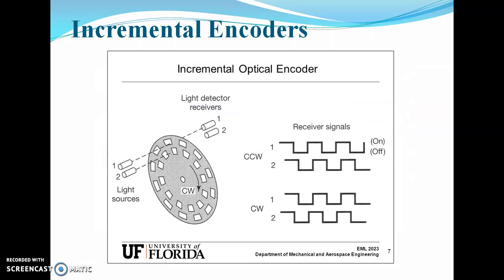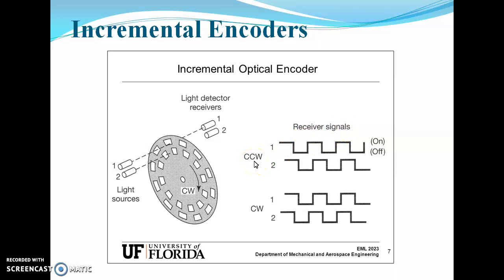Here you can see another type of incremental optical encoder. This disk is rotating in the clockwise direction, CW. You can see the light sources or LED. The light will pass through these slits, and these are the light detector receivers, which receive the signals.